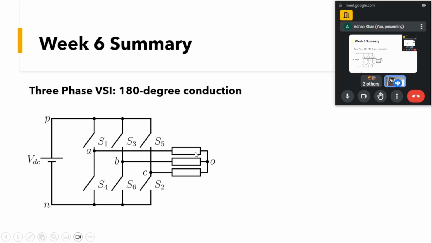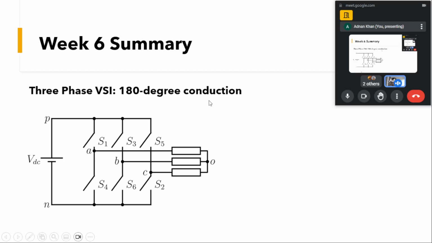The second terminal of each arm is connected to a common point O, so this load is connected in star fashion, or Y. This is a star connected load. We saw that each leg will be able to generate 0 and VDC.